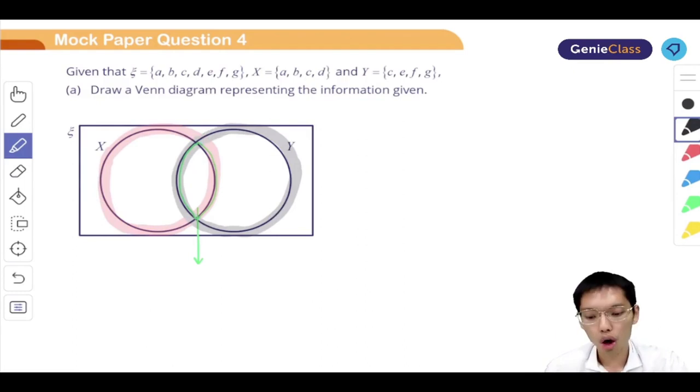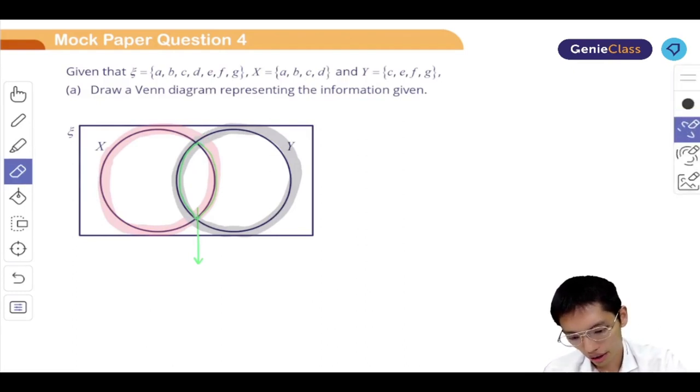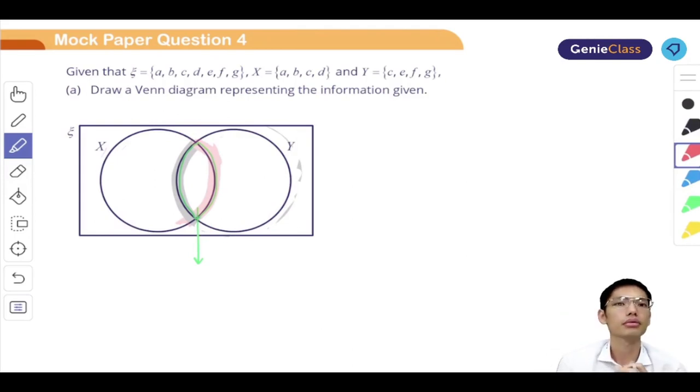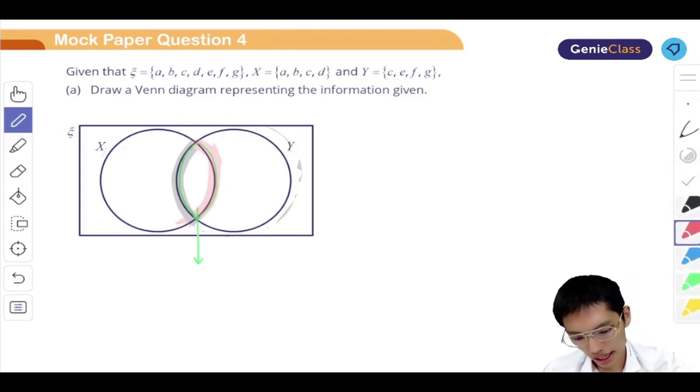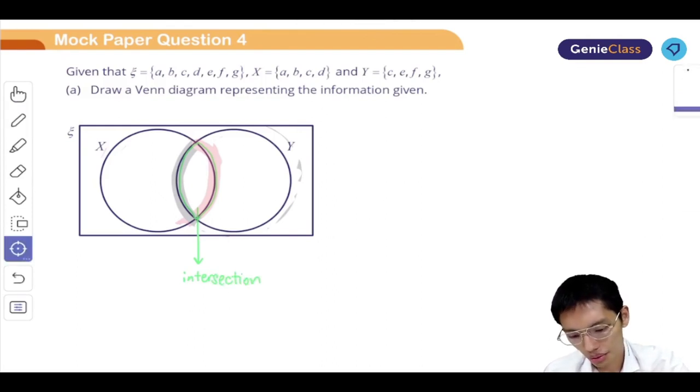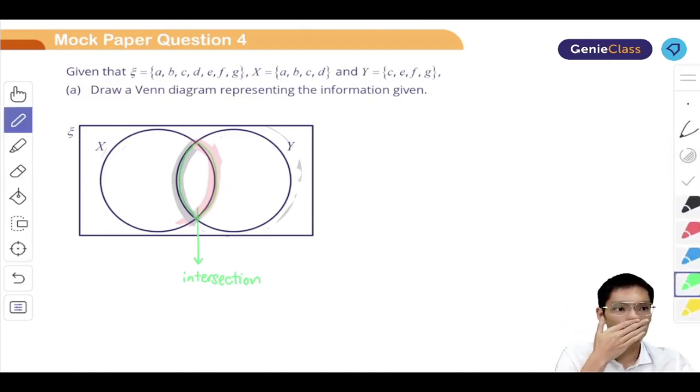What is actually the common things that is held, if I were to erase this, by the red color one representing X and by the black color one representing Y. So therefore, if I were to draw them out in this particular manner, okay, it is actually the intersection that we need to focus on. So can anybody tell me, in this intersection, based on what we are seeing, what should be the alphabet that fills in over here? Very good, Elizabeth. Perfect job over here. Anybody else wants to try?